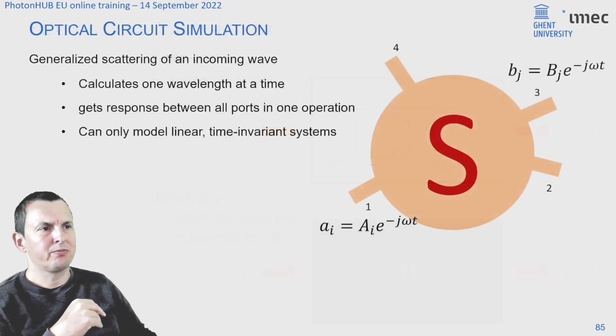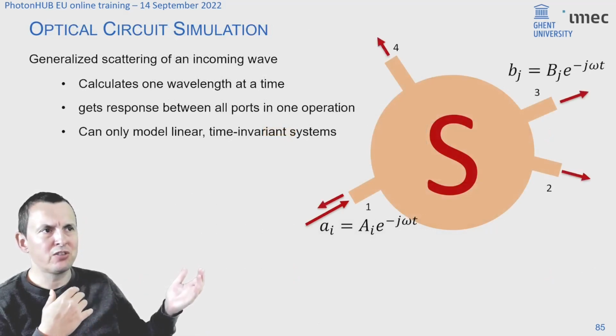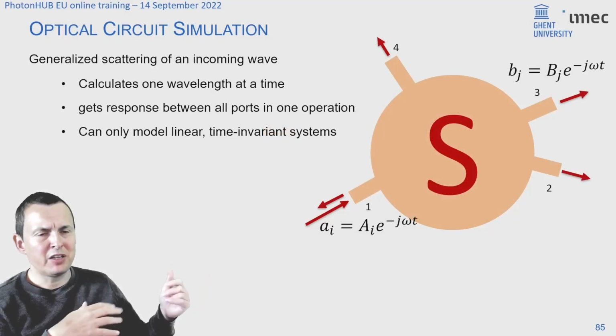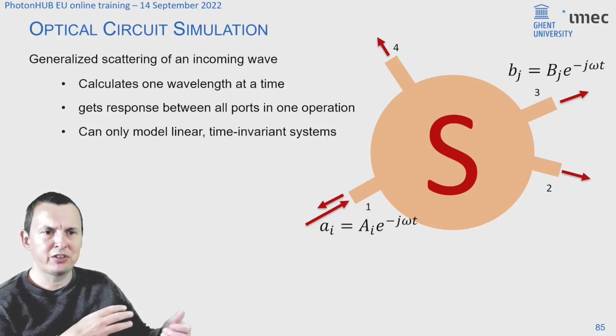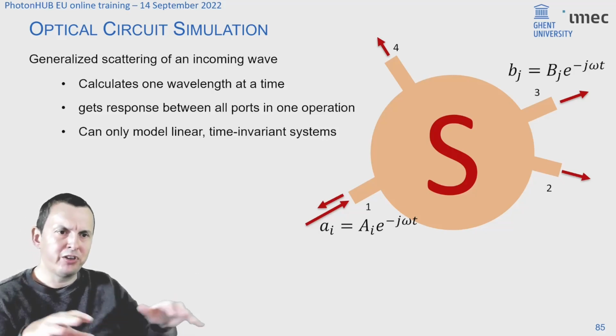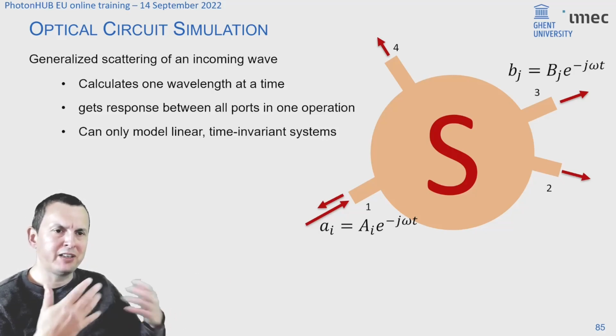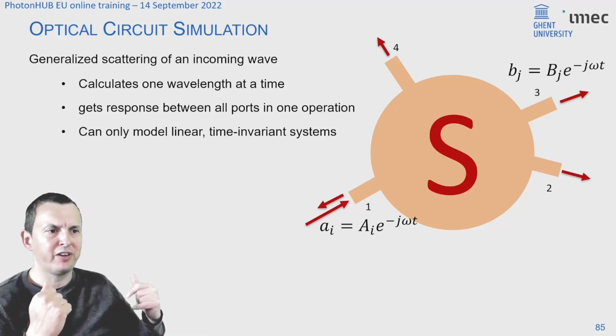Now, a common way of describing circuit models is using scatter matrices or scatter parameters. This is a method that works very well for all passive building blocks, like waveguides, splitters, filters, all the building blocks that essentially just move waves around internally, but do not perform active functionality like modulation, detection or nonlinear effects.